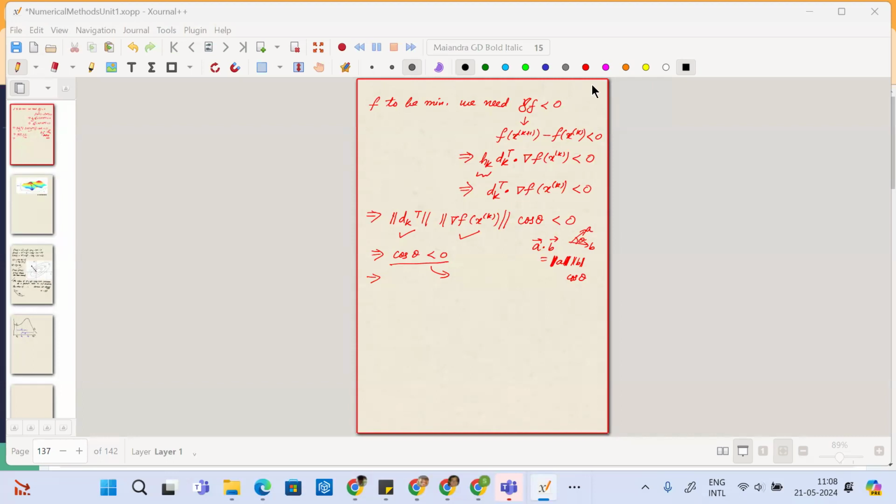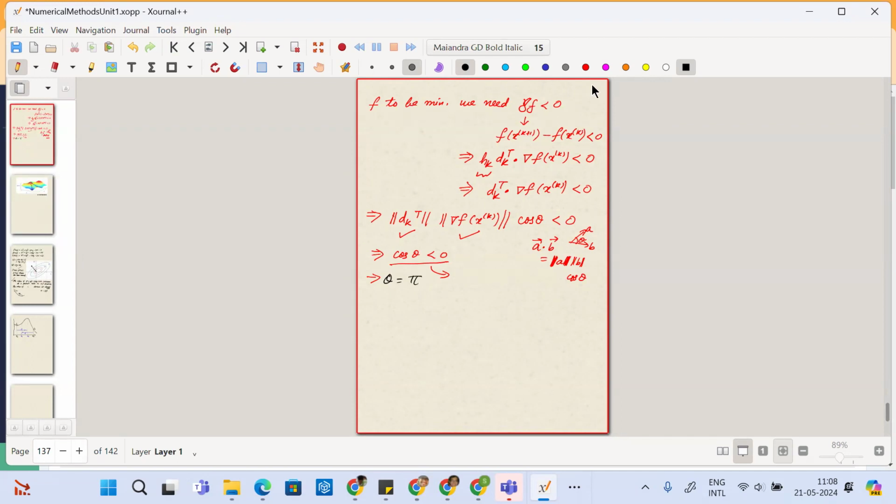Cos theta is less than 0, so we want to minimize cos theta. At what value of theta is cos theta minimum? So theta equals pi. For theta equals pi, cos theta is at its minimum, that is minus 1.